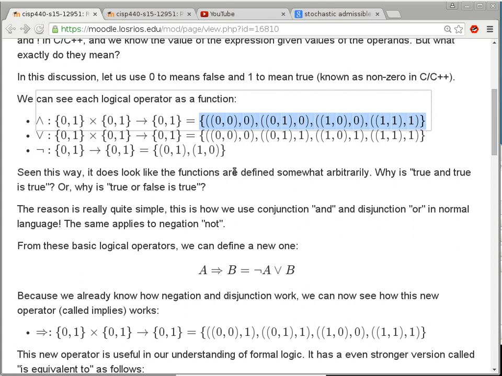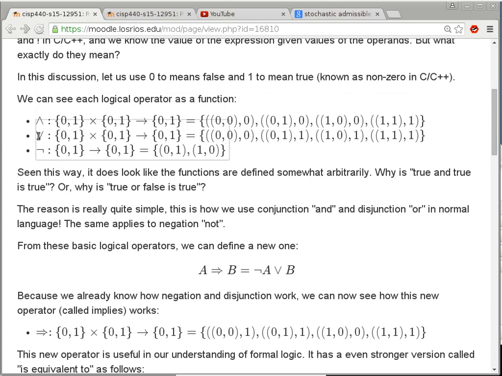It is mapping false, false to false, false, true to false, true, false to false, and true, true to true. That's nothing new, right? It's just a different way of looking at the conjunction operator. Instead of looking at it as an operator, now we are looking at it as a function.